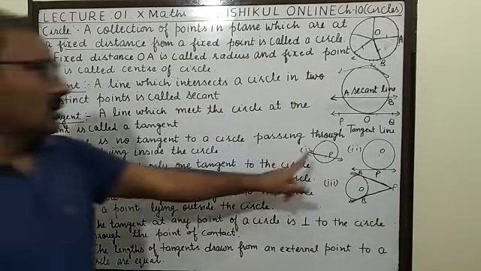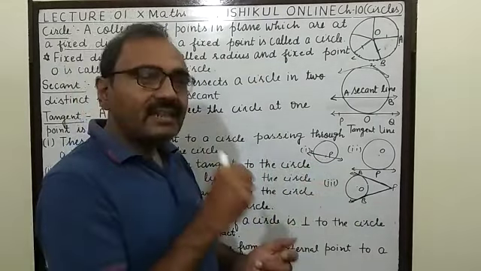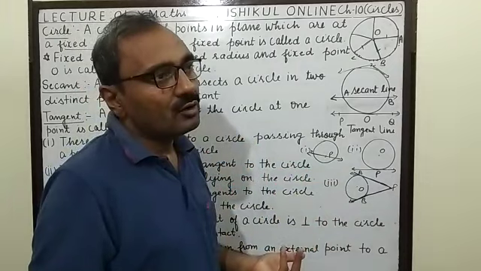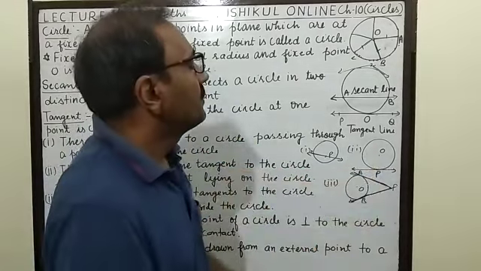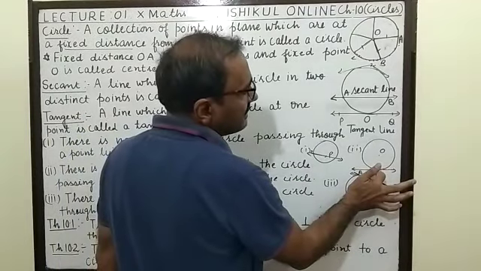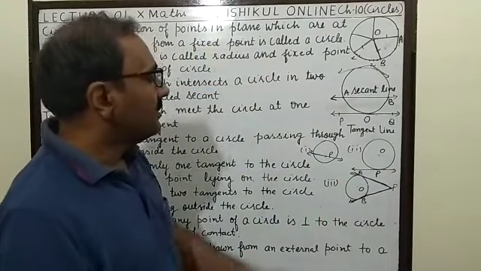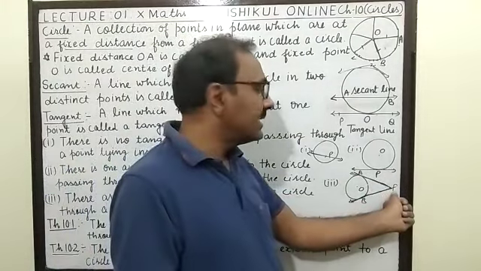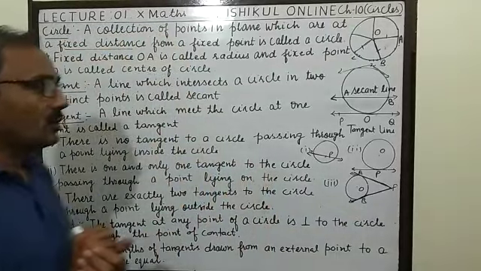So if a point P lies inside the circle, how many tangents can you draw? 0. If a point is lying on the circle, how many tangents can you draw? Only 1. And if P is outside the circle, how many tangents can you draw? 2 tangents you can draw.